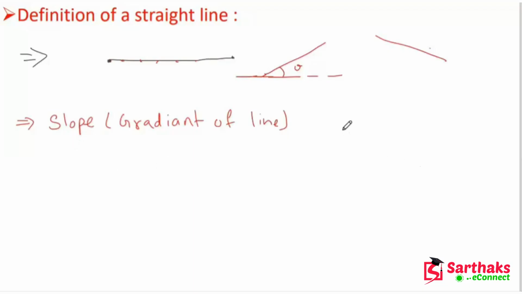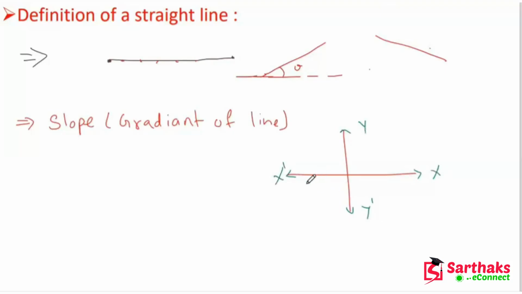Let's suppose this is a graph, and in this graph this is the y-axis, this is our x-axis. Y, y dash, x, x dash.